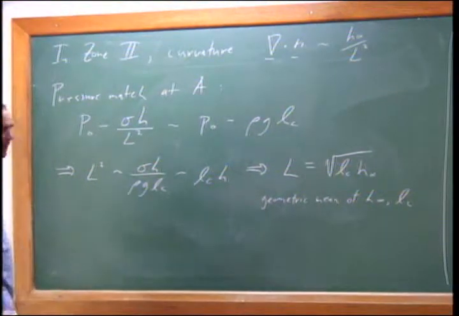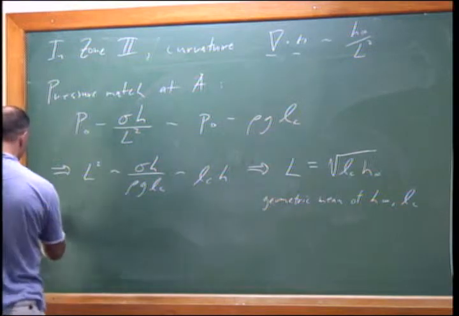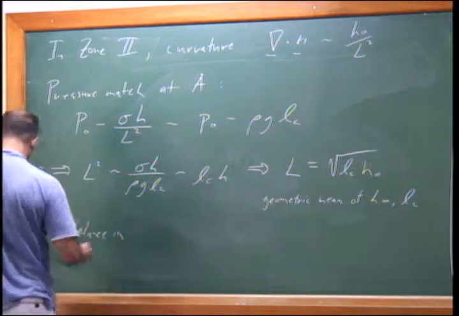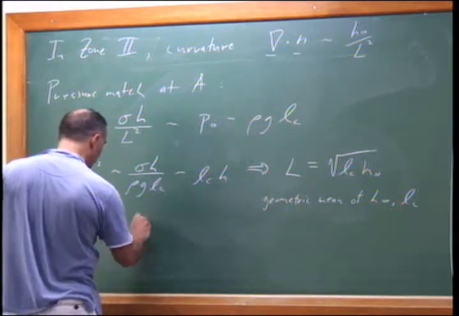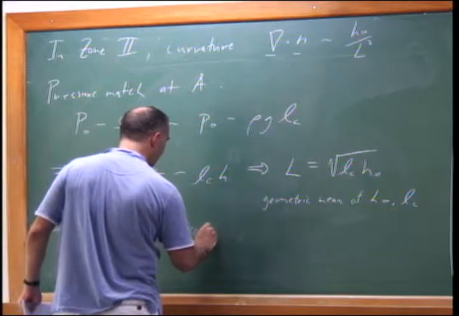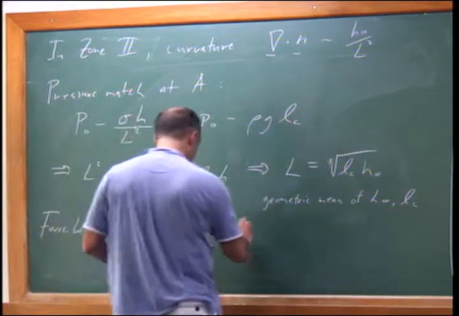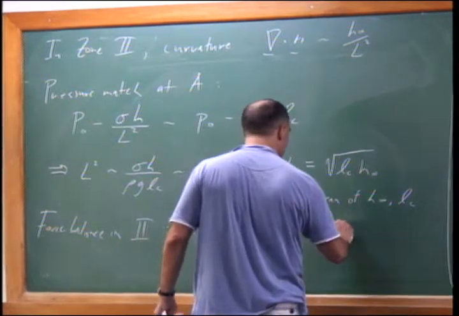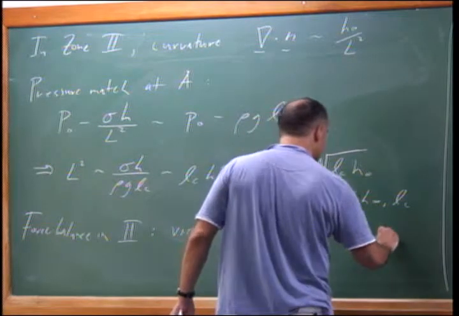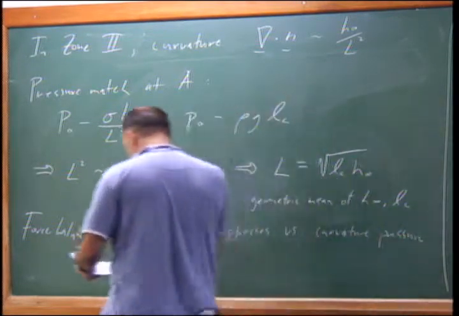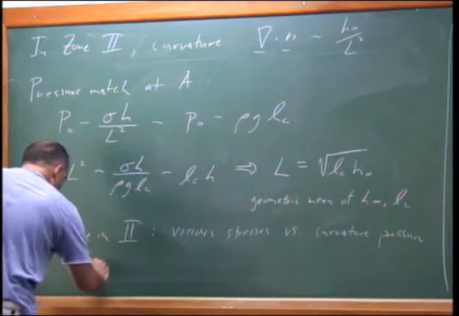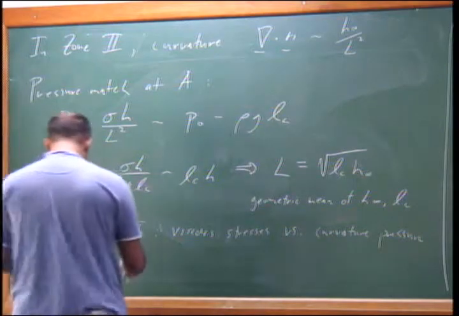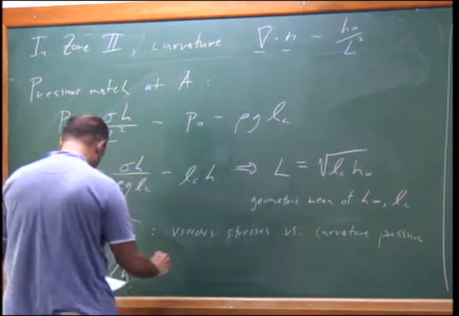So if we now look at the force balance in this region 2, then we have viscous stresses and curvature pressure. So you say mu u over h squared, so that's what we had before previously balanced it with gravity. Now we're going to balance it with the gradient in curvature pressure.